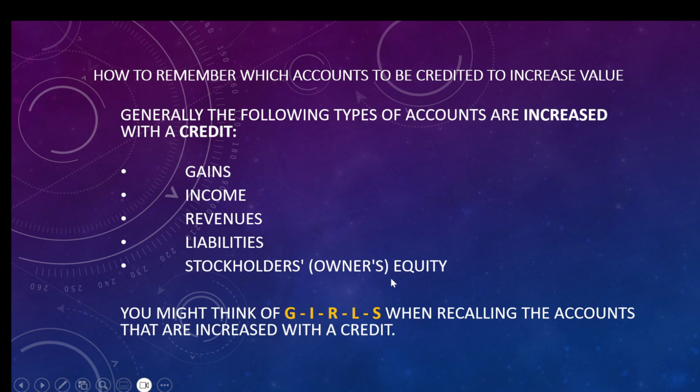When we want to increase their value, we credit these accounts. This will be a simple way to remember if you're new to accounting transactions. So please try to remember these keywords, DEAL and GIRLS, whenever you want to understand why a particular account has been debited or credited by F&O journals.